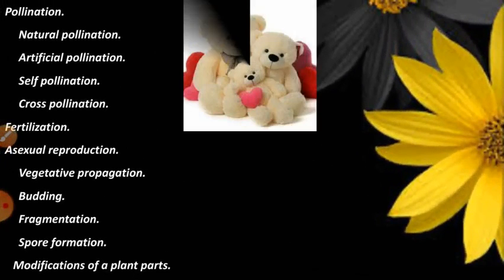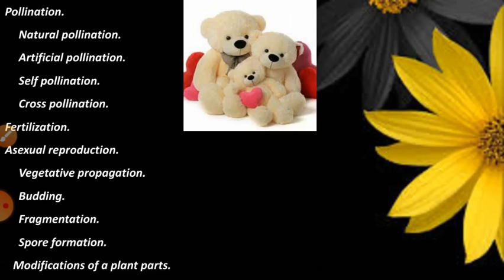Now recapitulation. What have we discussed in today's class? We have discussed pollination. What do you mean by pollination? The reaching of pollen grains from the male part of the flower, the stamen, to the stigma, the female part of the flower, is known as pollination.